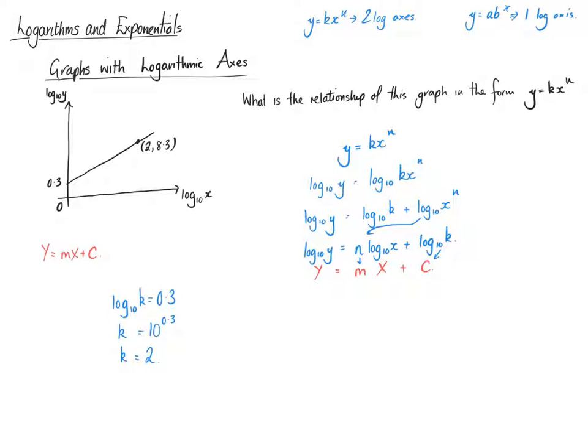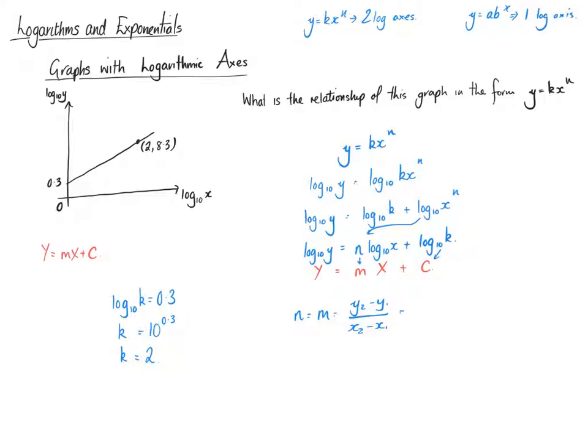Okay, and then from here, our gradient is what we need to find our m, or our n. So our n is equal to our gradient, which is y2 minus y1 over x2 minus x1. It might have been a while since you've seen it, but you can't forget about the gradient formula. Everything that you needed to know at National 5, you still need to know now.